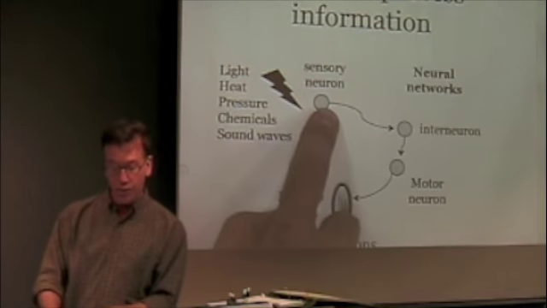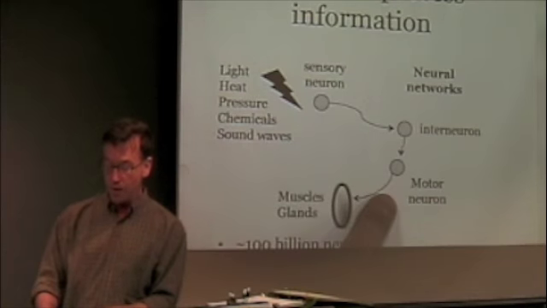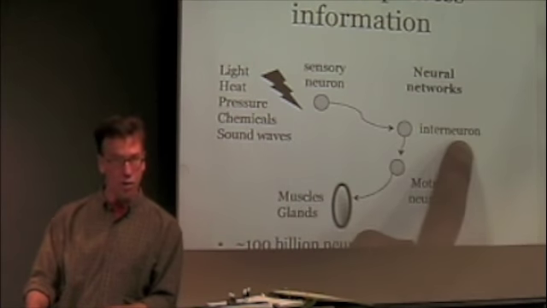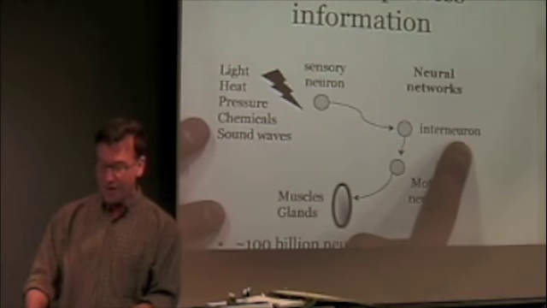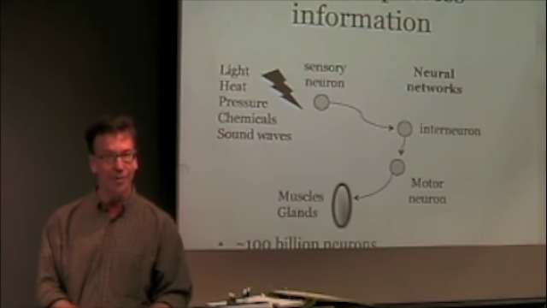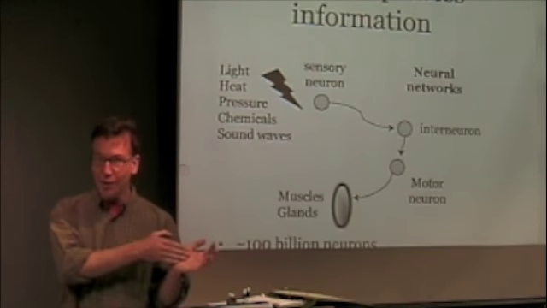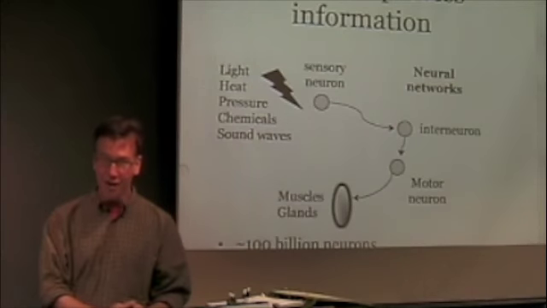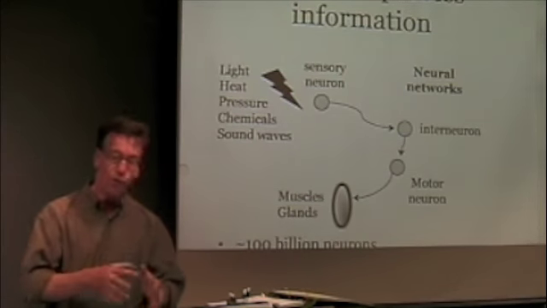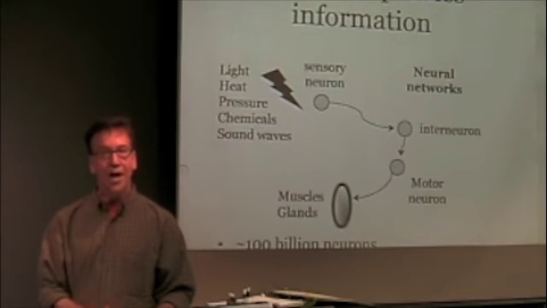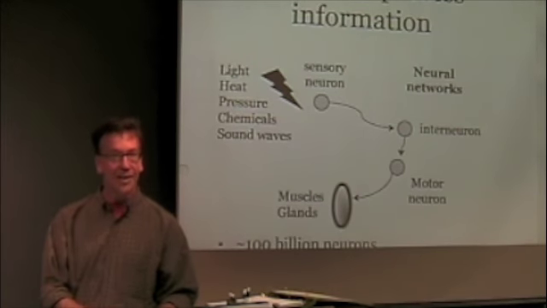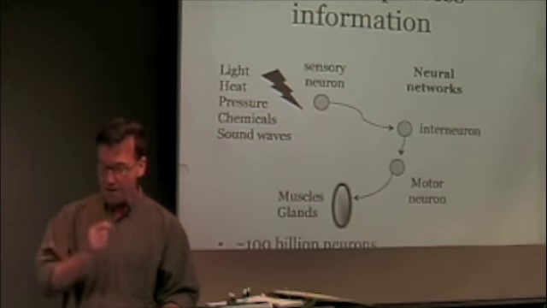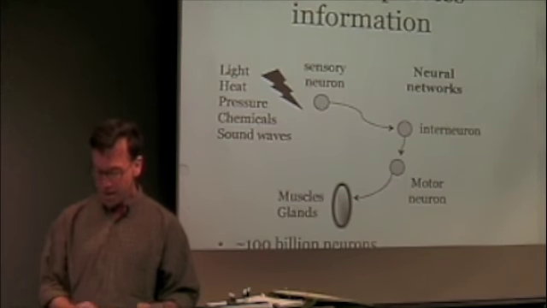Those that are located between sensory neurons and motor neurons are known as interneurons. Inter is between. And if you think about the human brain, most of our neurons are interposed between those that are sensing changes in the environment and those that are actually producing behavioral responses. So of those 100 billion neurons, the bulk of them are going to be interneurons.